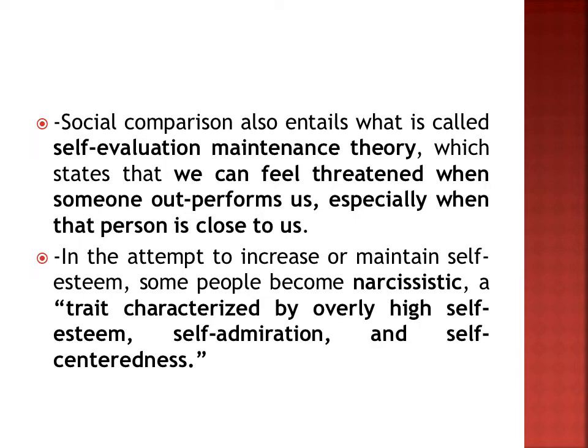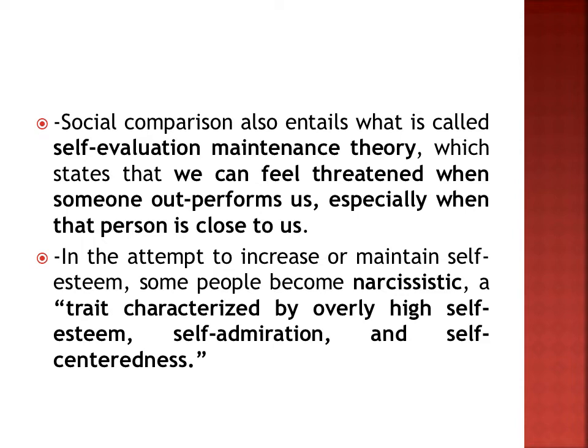Now let's continue. Social comparison also entails what is called self-evaluation maintenance theory, which states that we can feel threatened when someone outperforms us, especially when that person is close to us. So whenever we are close to someone and they perform better than us, we are threatened by them.